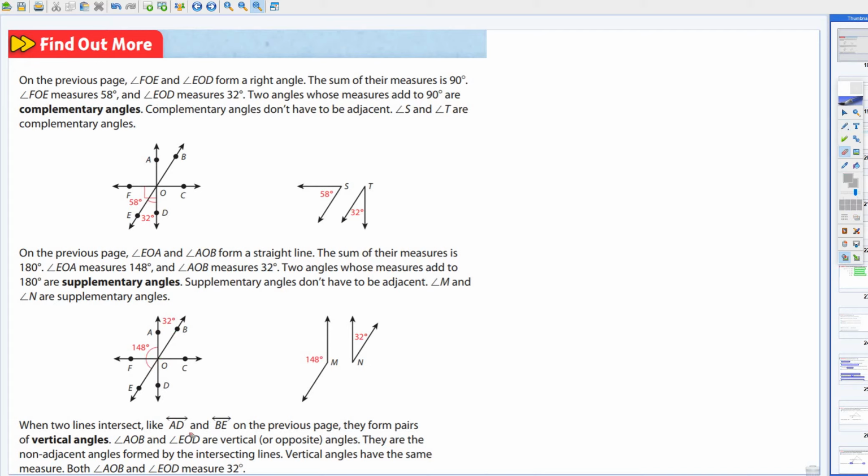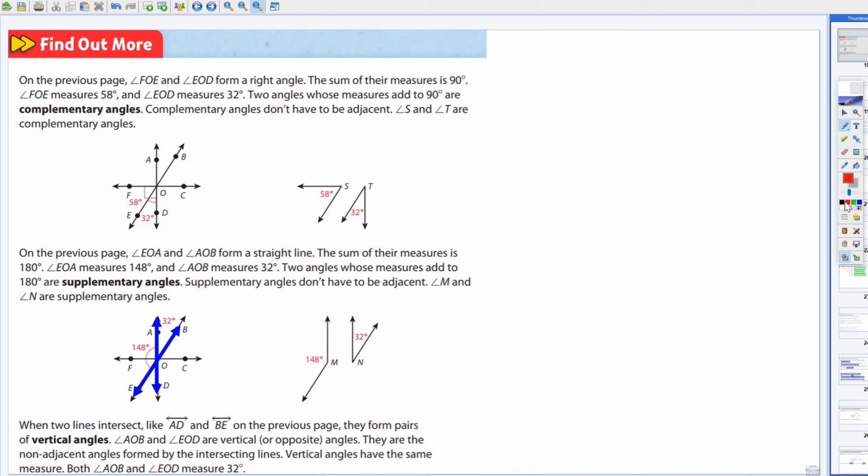When two lines intersect, like line AD and line BE, these are not perpendicular lines, by the way, because they don't form 90 degrees. On the previous page, they form pairs of vertical angles.